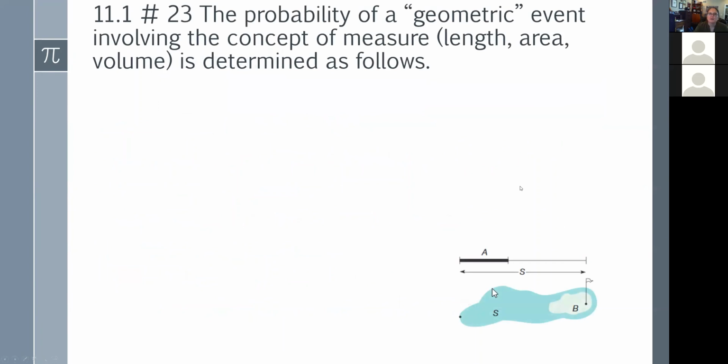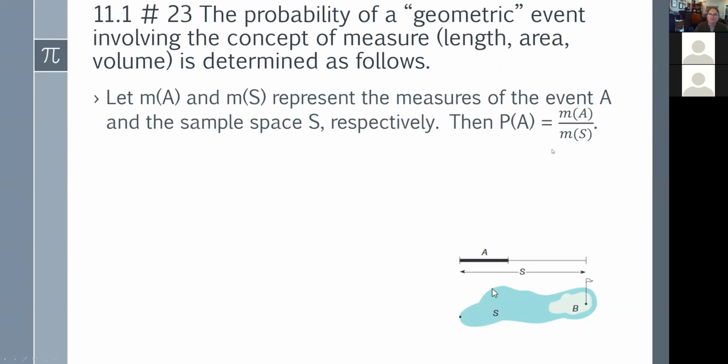Next, we'll look at number 23. It says the probability of a geometric event involving the concept of measure, length, area, or volume is determined as follows.